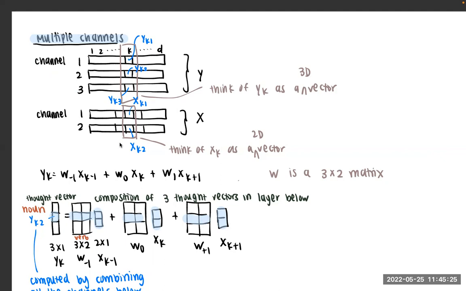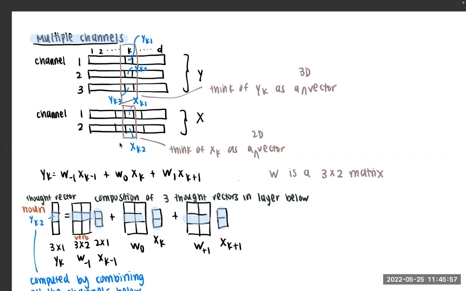So x may be layer 4, for example, and y is layer 5. But in each layer, we may have the so-called channels, multiple channels. For example, y may have 3 channels and x may have 2 channels. In that case, how do we define this convolutional operation, this so-called convolutional layers?